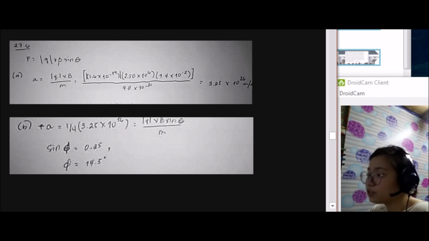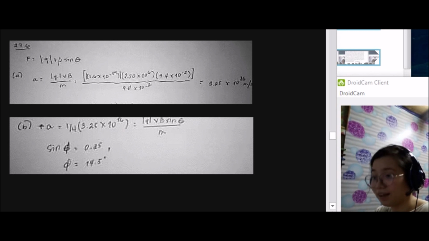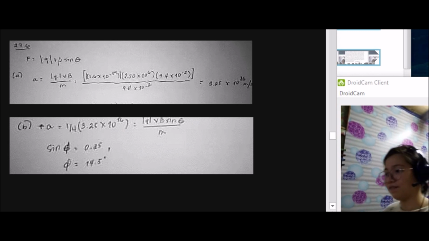When you have sine theta, you can take the arc sine, so the answer is 14.5 degrees.